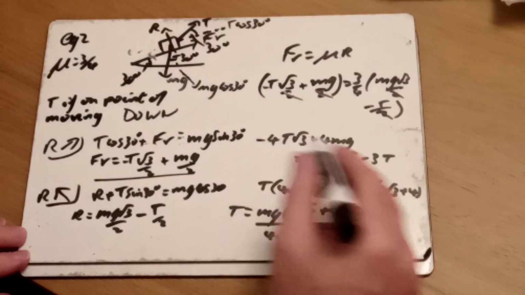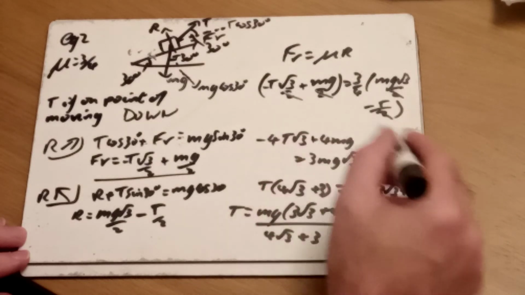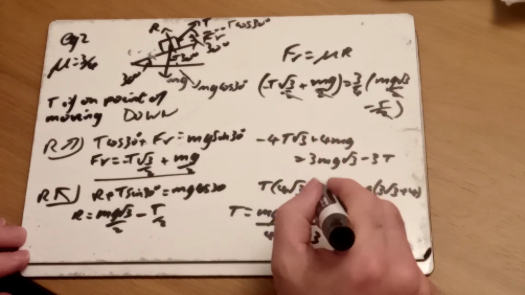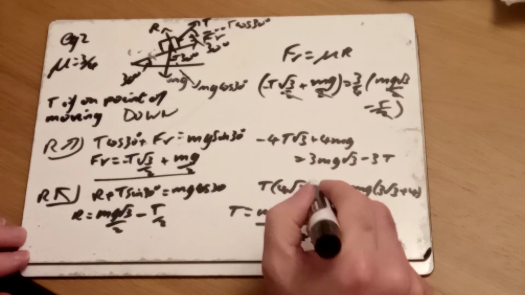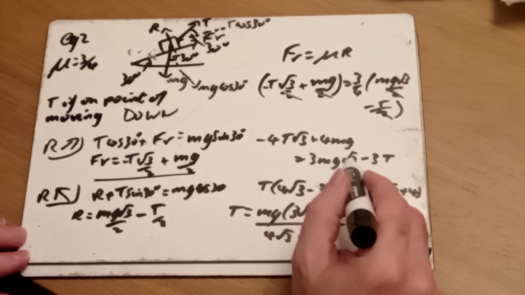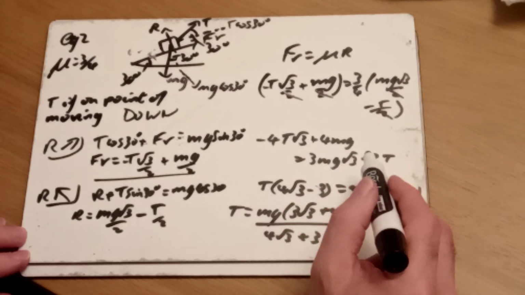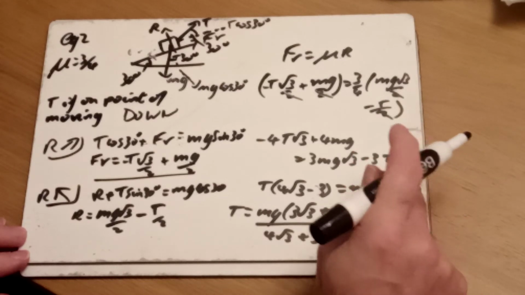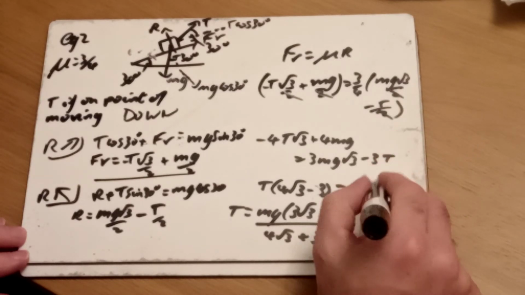And when I move them around, I'd move that over there to get 4 root 3 minus 3, and move the 3mg root 3 over there to get minus 3 root 3. I'm panicking now because that's going to be negative, I think.